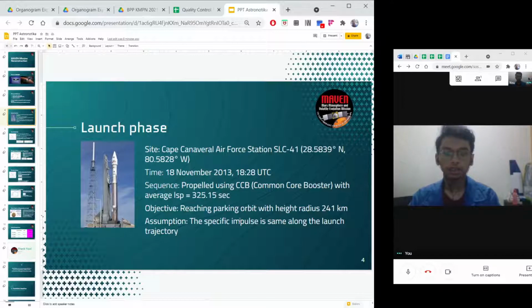The objective of the launching phase is to reach a parking orbit with an altitude of 241 kilometers. The assumption used is that the specific impulse has the same value along the launch trajectory.